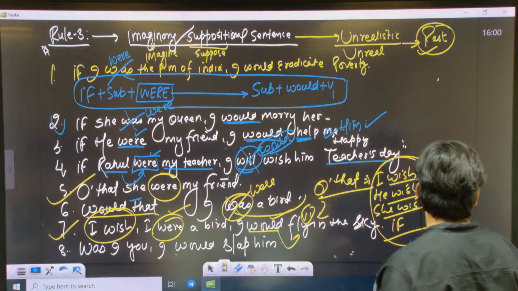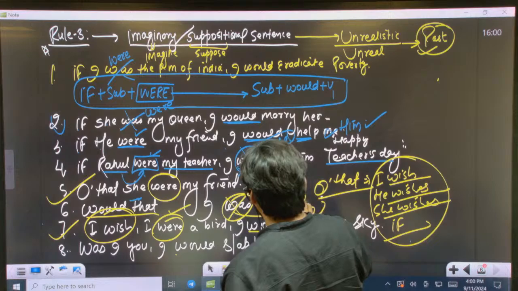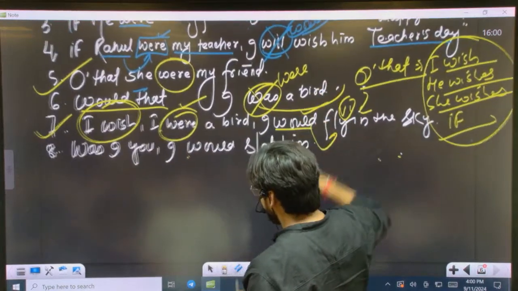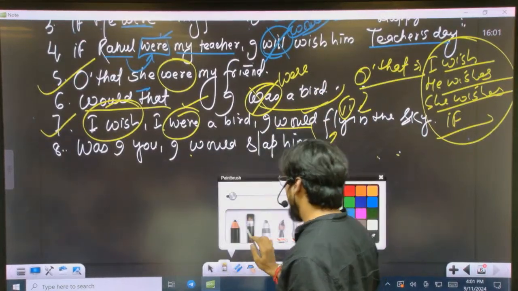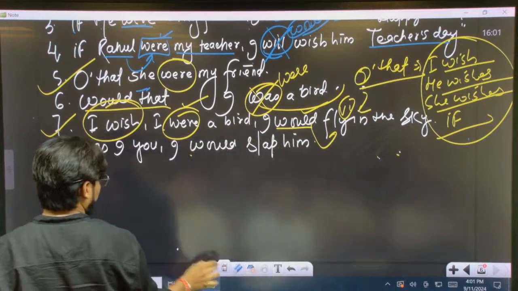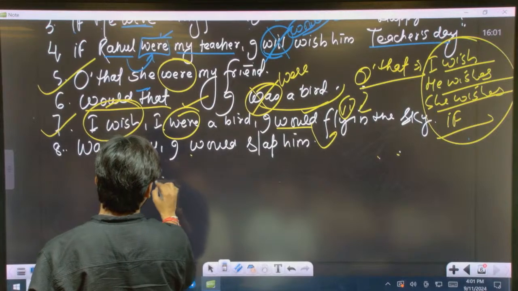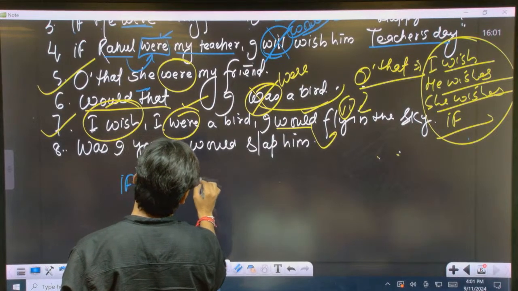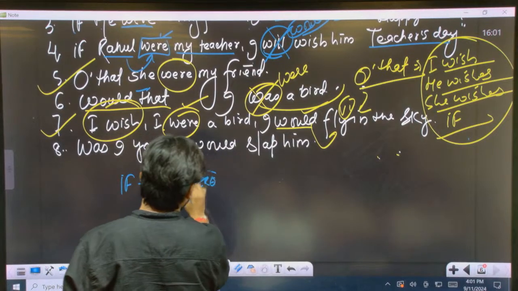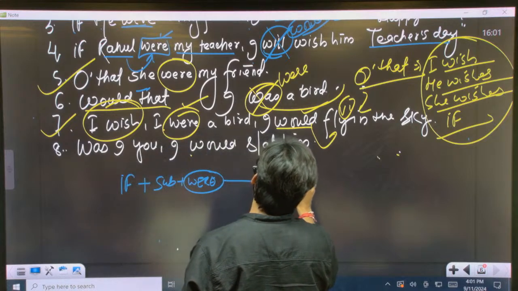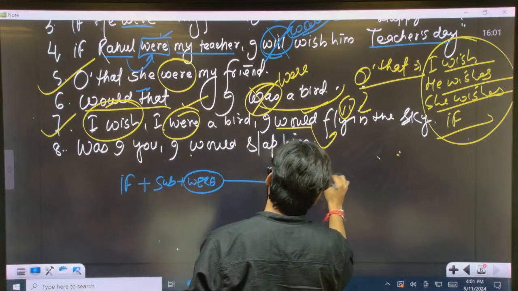Now come to the point. If I have taught you this point of view here, you can easily make the sentence correct by using if, then subject, then verb. No worries. And in the main clause, would plus V1 will be used. Right?